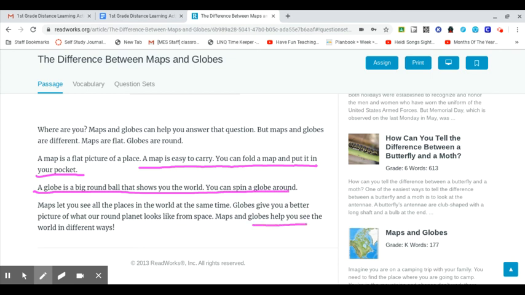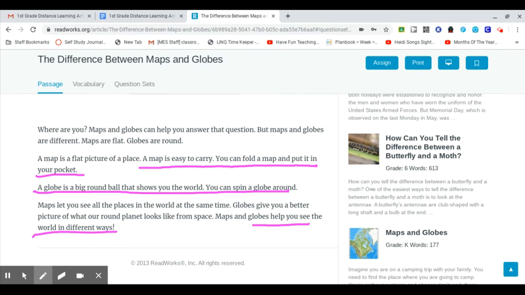Globes help you see the world in different ways. So, can we take a globe and fold it up and put it in our pocket, or can we only do that to a map? Right, we can only do that to a map, so we know that that's not the right answer.